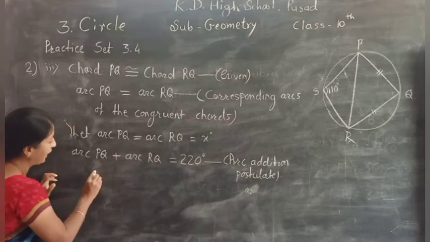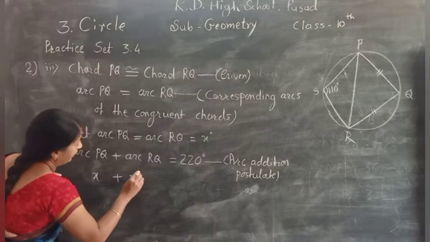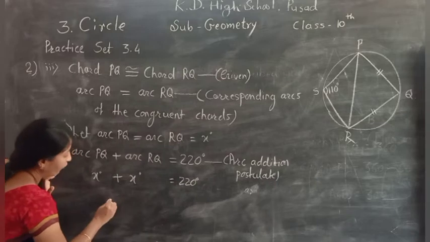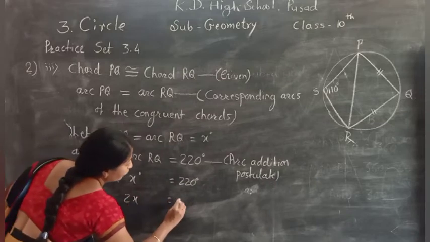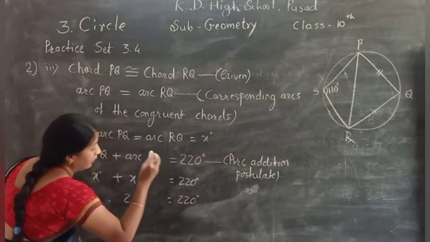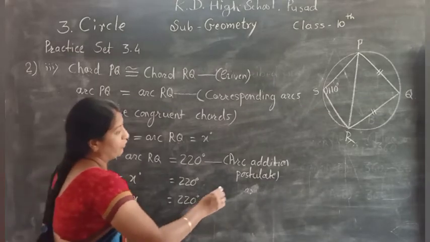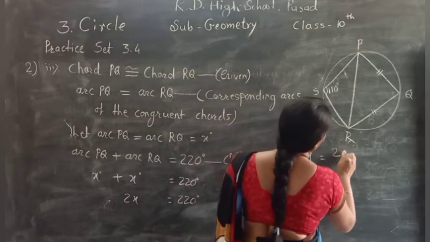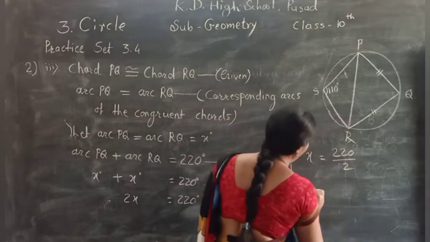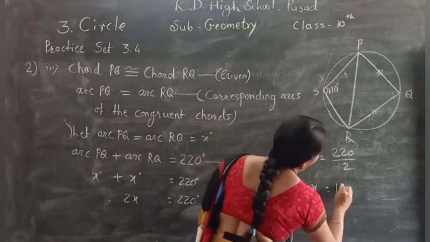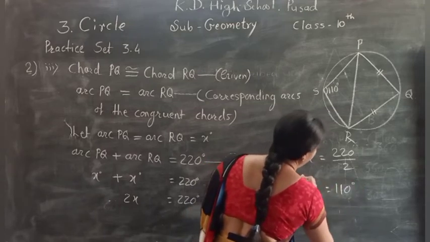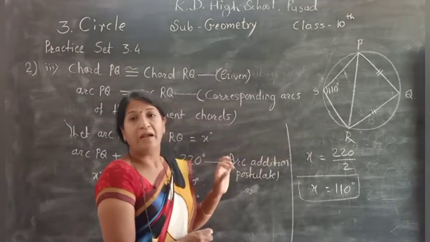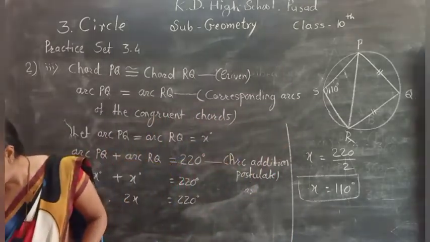Now make a substitution. x plus x is equal to 220 degrees. Therefore 2x is equal to 220 degrees. x is equal to 220 divided by 2. Therefore x is equal to 110 degrees. But this x is nothing but arc PQ and arc RQ, which we have to find out.